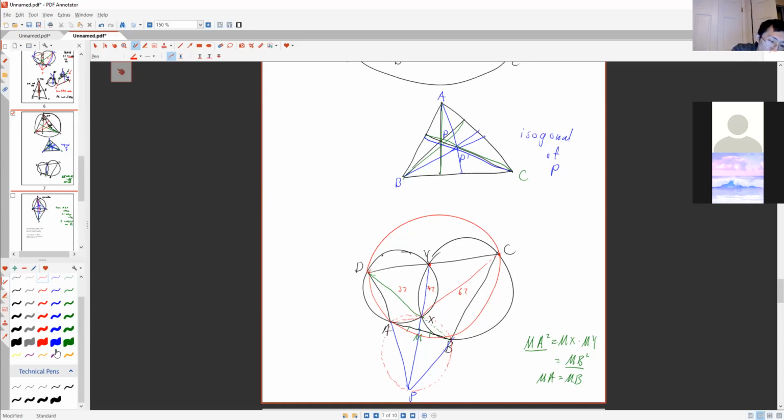Maybe we should mark some equal angles, like this is equal to this. This is equal to that.